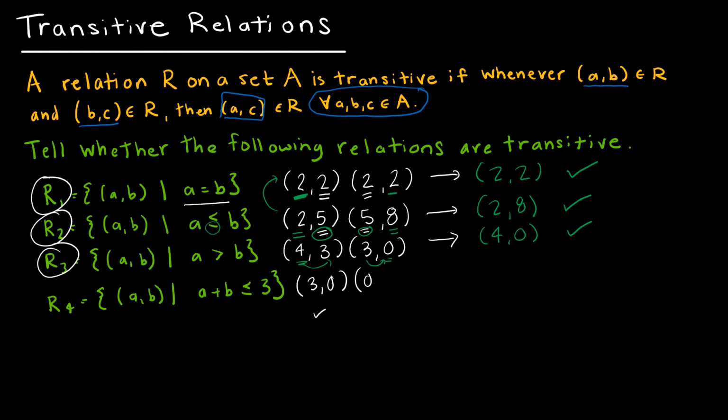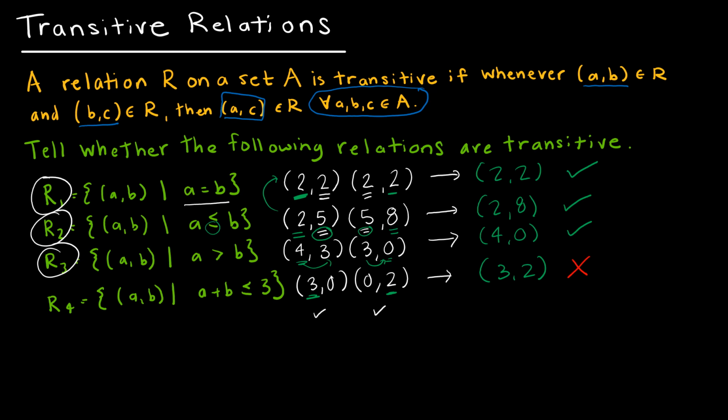Now, is (0, 2) in R4? Well, 0 plus 2 is 2, which is less than or equal to 3, so yes. Does that imply then that (3, 2) is in R4? Well, 3 plus 2 is 5, and 5 is not less than or equal to 3.